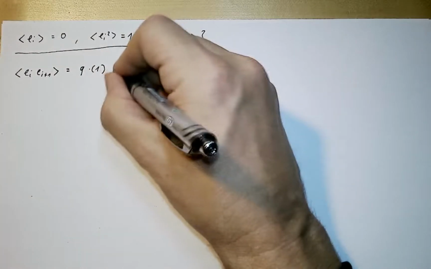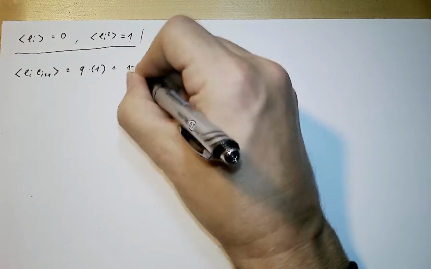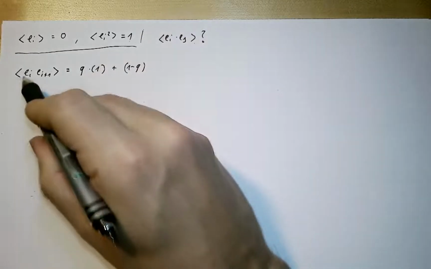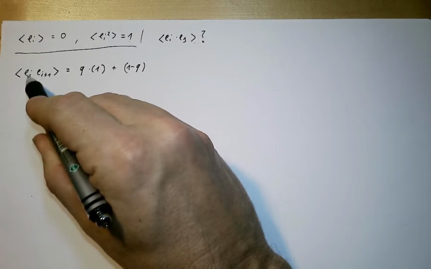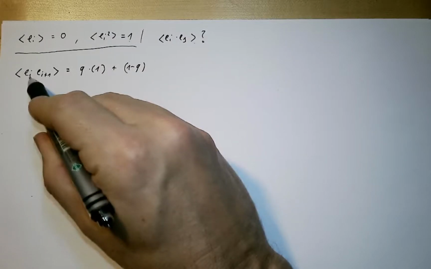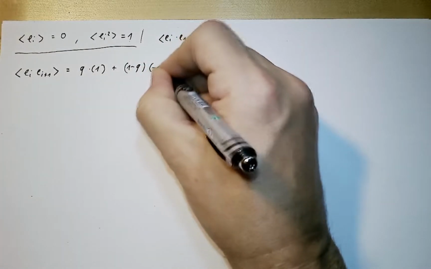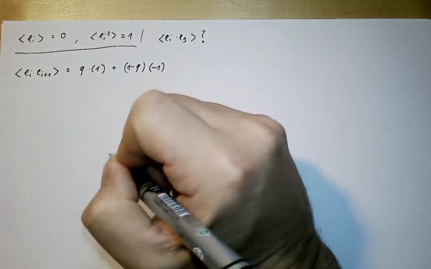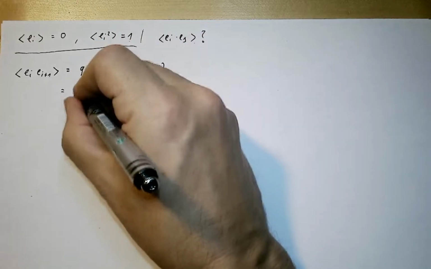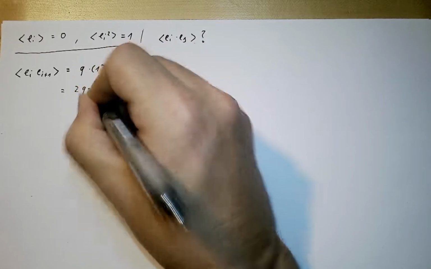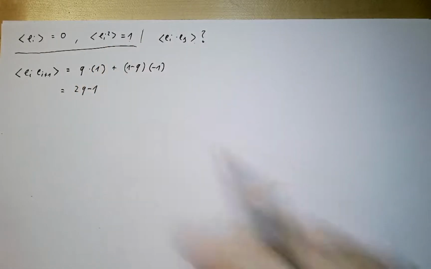And with probability 1 minus q, the two have opposite signs, and it doesn't matter if ei is plus or minus, the other has the opposite sign, and if we multiply them we have minus 1. If you work this out, this is 2q minus 1.